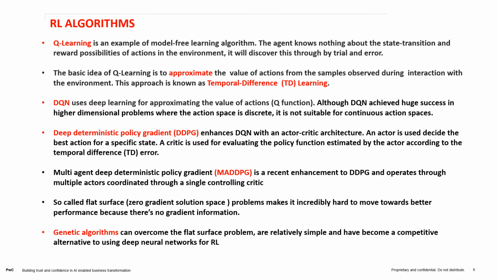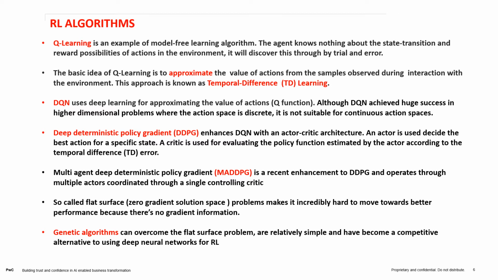Now, the Q comes from the Q function, which is a very key component of RL algorithm capability, because that Q function really determines the best action to perform in a given state of the environment.